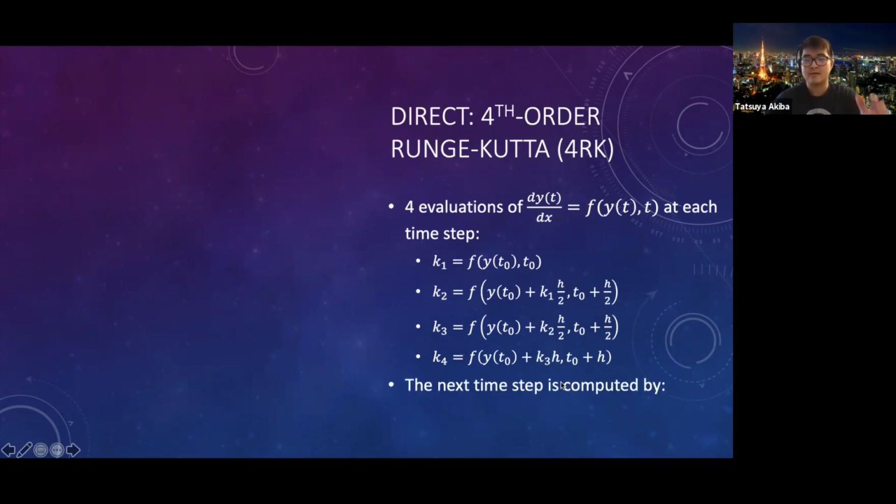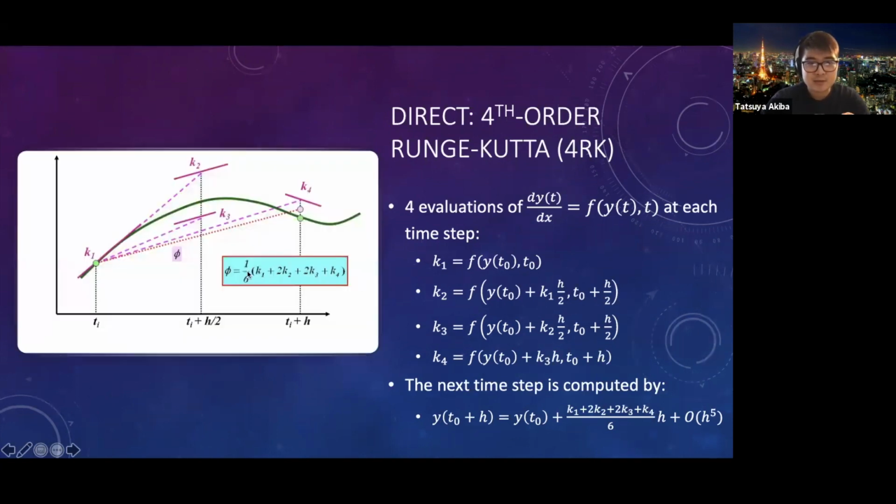And then the value of the function at the next time step is going to be computed by doing this weighted average of these 4 quantities, K1, K2, K3, and K4. And then the error is going to look like h to the 5th. So that's why this is called fourth order Runge-Kutta, because this is accurate to 4 orders.